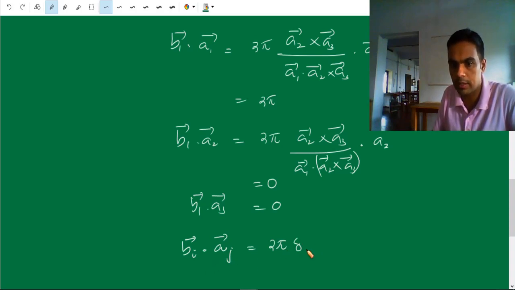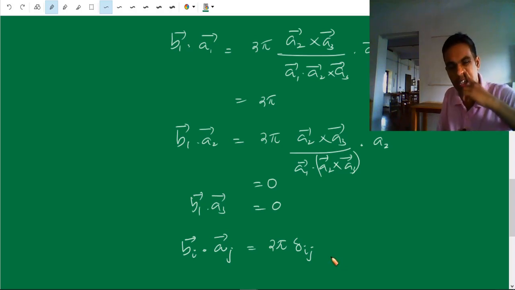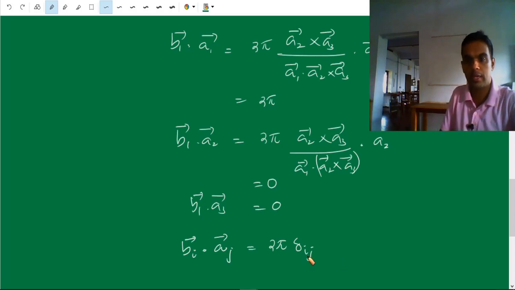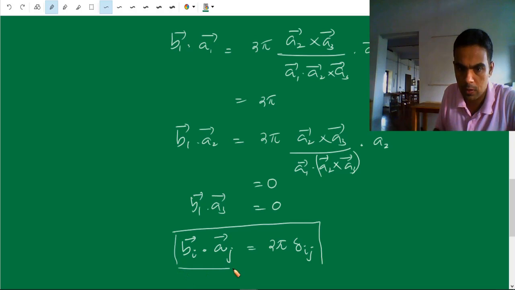Therefore we can write 2 pi delta ij, Kronecker delta, where delta ij is equal to 0 if i is not equal to j, and equal to 1 if i equal to j. So this is the condition of the scalar product of these two.